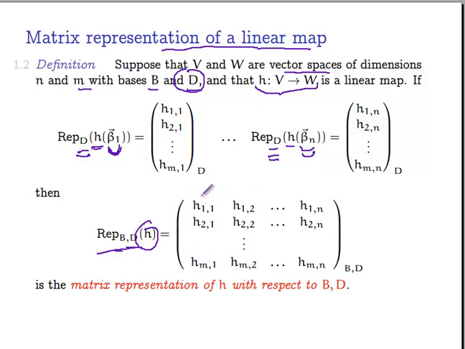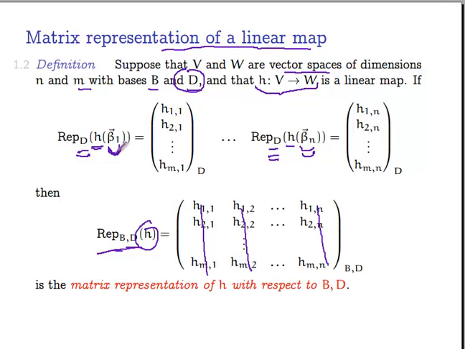Notice that each one of these columns corresponds to a different basis vector in the domain, and it gives the representation in the codomain basis of the image of the corresponding domain vector.